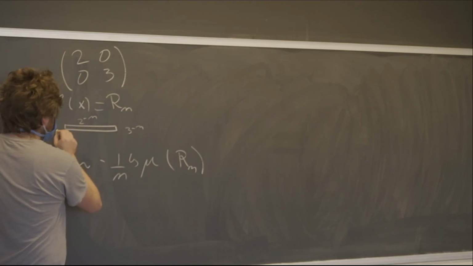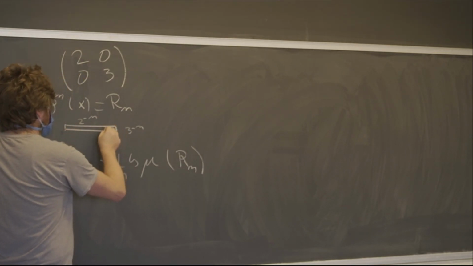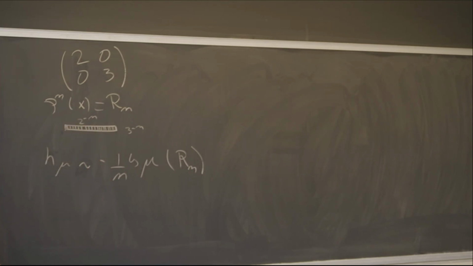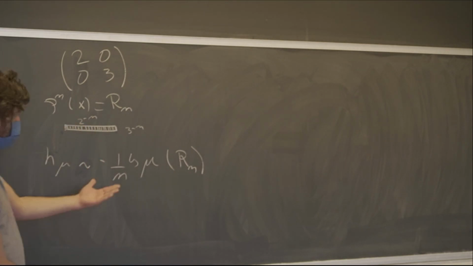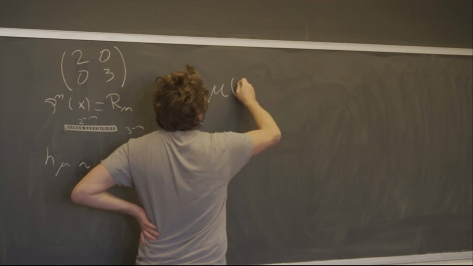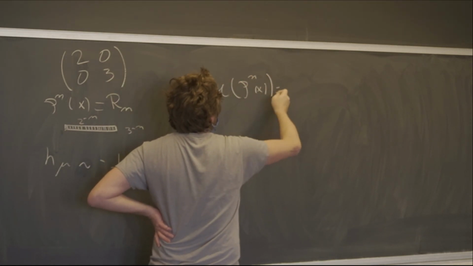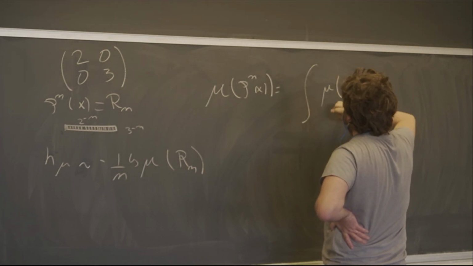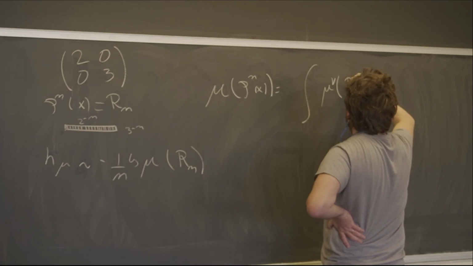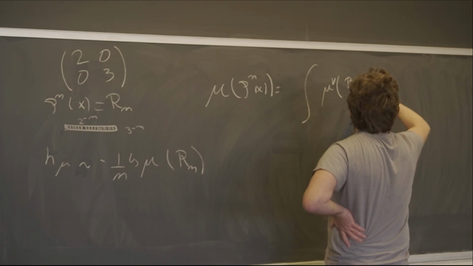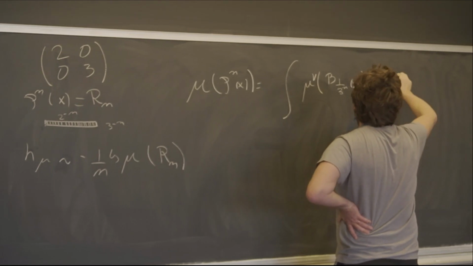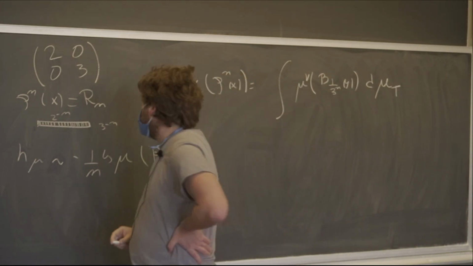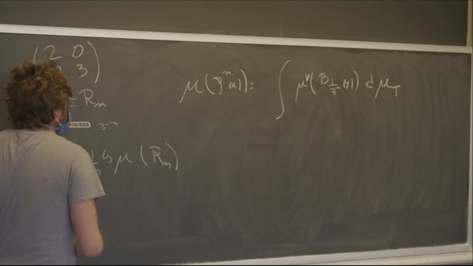So I can take this foliation by verticals, and I can write this measure mu of R_n as the integral of the vertical measures of this ball of radius 1 over 3 to the n around y, d mu, and now it is the transversal measure through the point x.